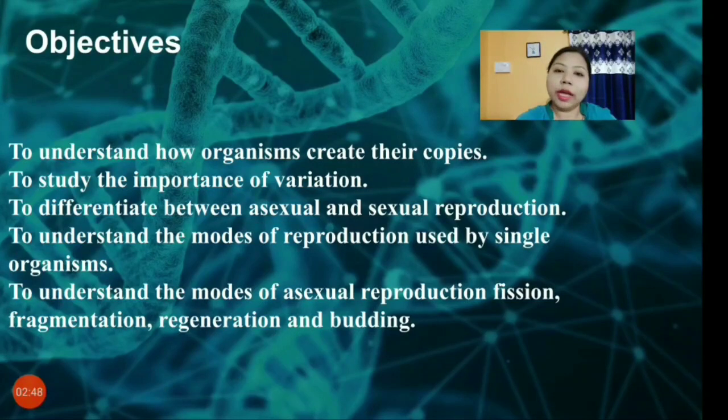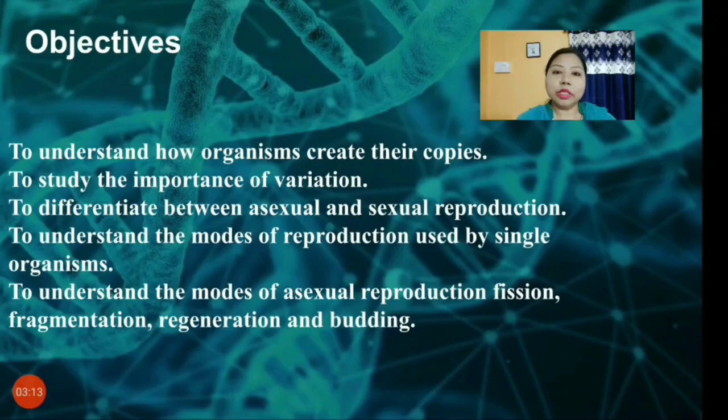We all know that organisms create their own copy. That means a dog will produce a puppy, and a cat will produce a kitten. So they produce their own kind, they create their own copies. We'll understand about that, and then we'll also study the importance of variation.